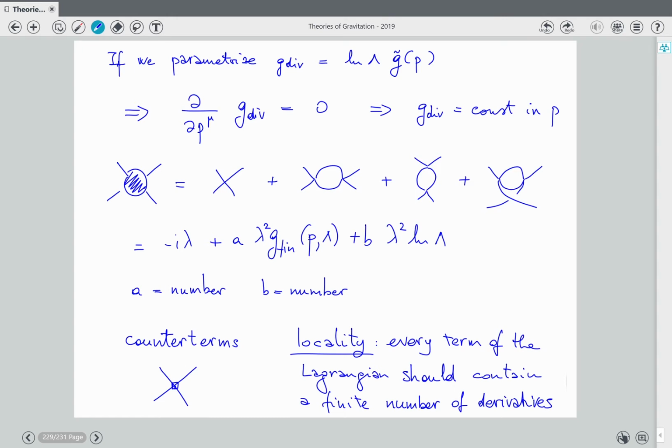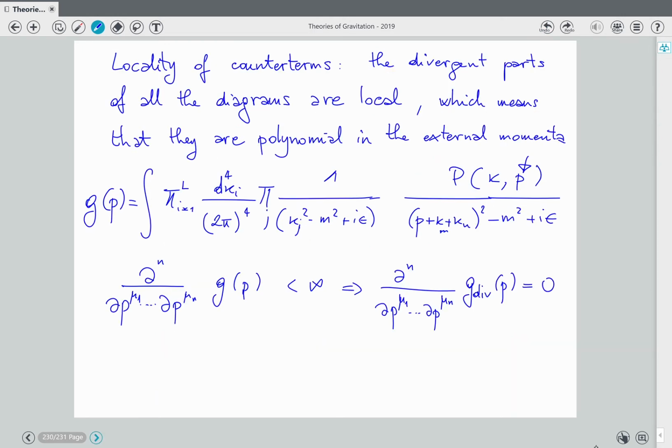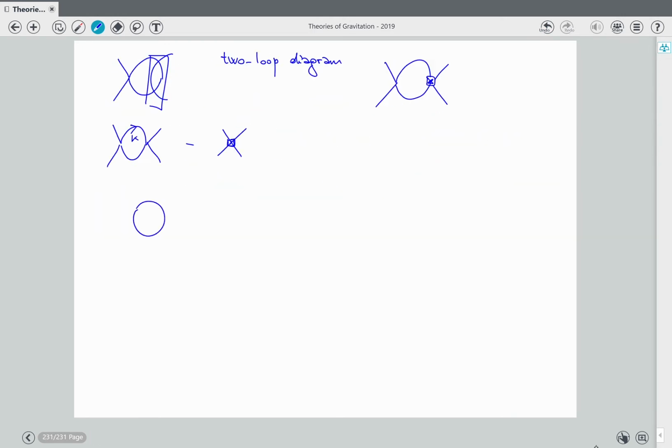It is local in momenta, so it contains a finite number of derivatives and a certain number of fields. How many fields? For example, 4 here. If you compute a diagram with 6 legs, then there will be 6, and so on.